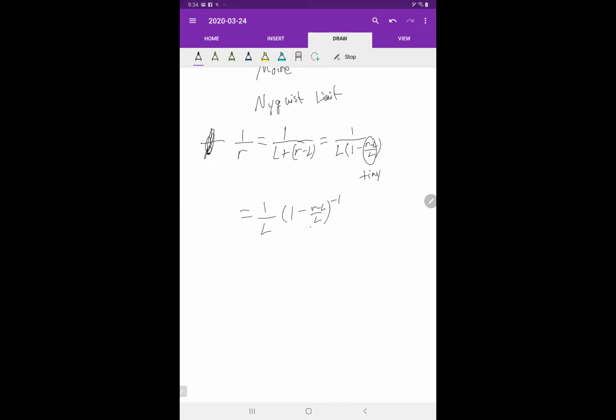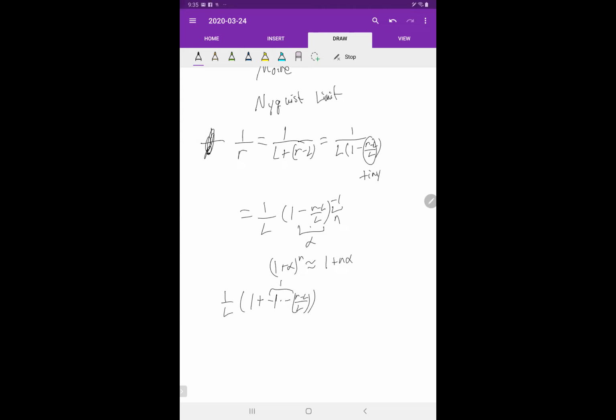And remember, if we call all of this alpha, and this is n, 1 plus alpha to the n is roughly 1 plus n alpha. So we're going to get 1 over L times 1 plus negative 1 times negative R minus L over L. All right?